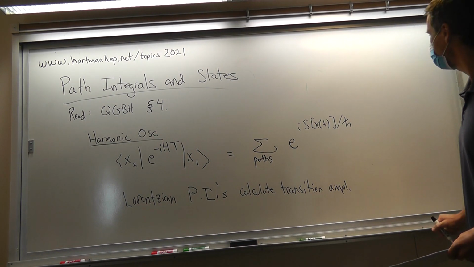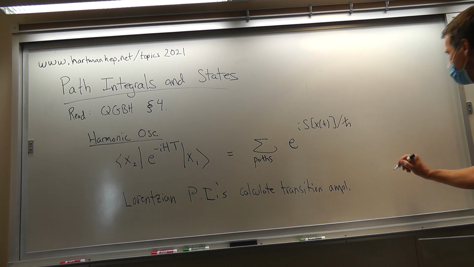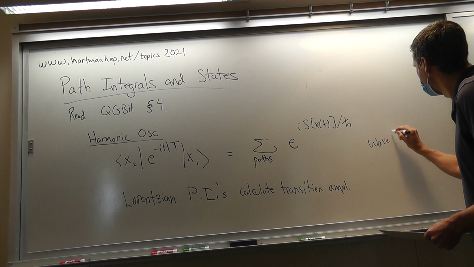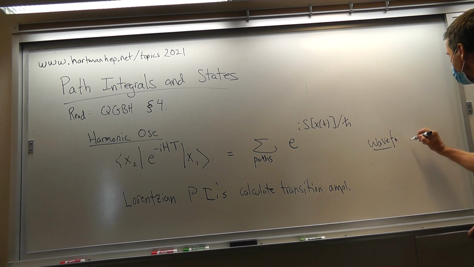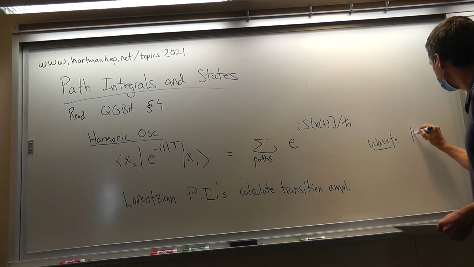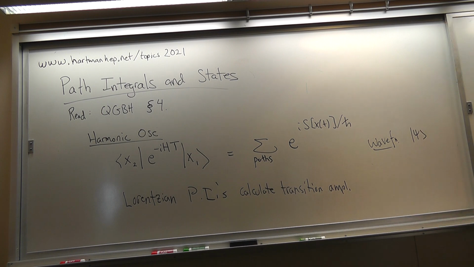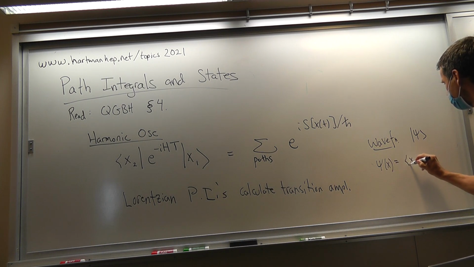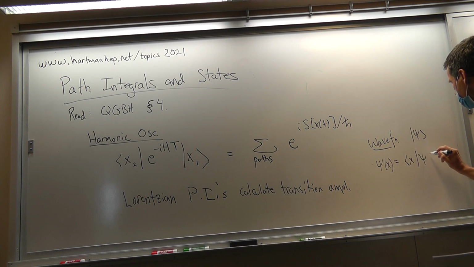And secondly, remember that the wave function in the state psi is, by definition, psi of x is the overlap. So the wave function in the position representation is the overlap of the state psi with the position state x.